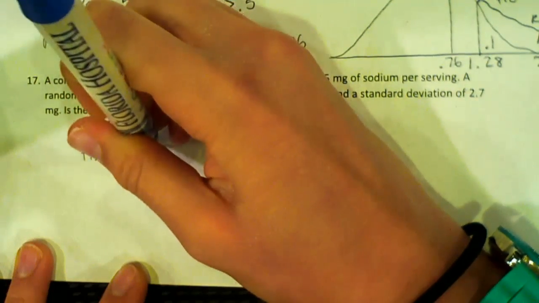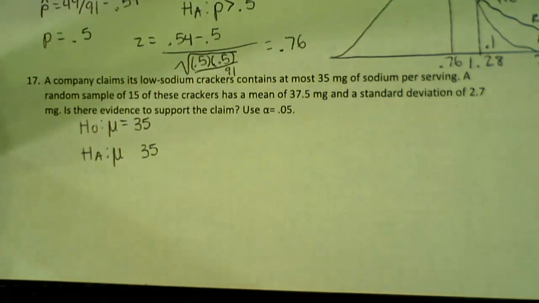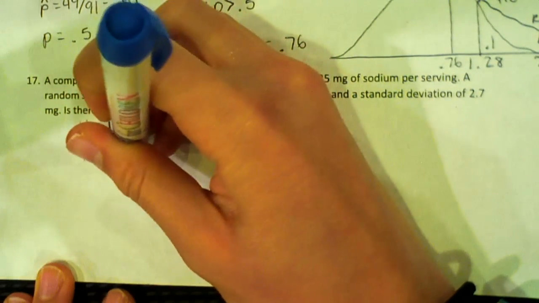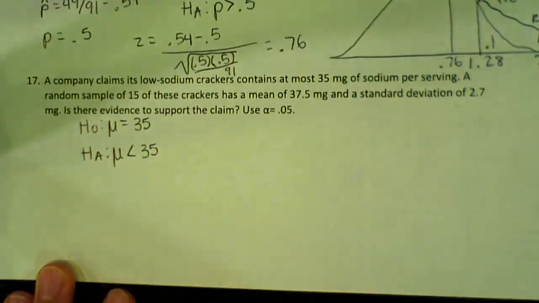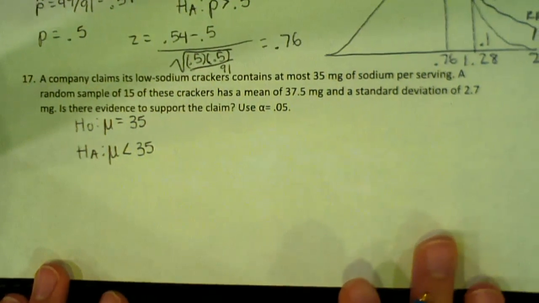And this is going to be 35, but are we doing that it's greater than, not equal to, or less than? I would just say less than. You don't really use the less than or equal to with these.